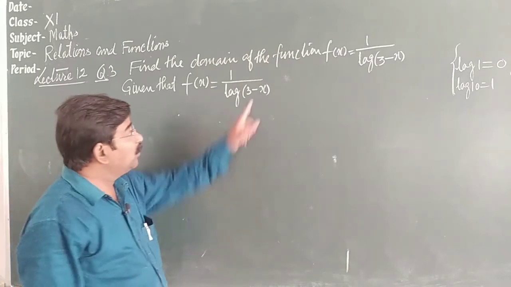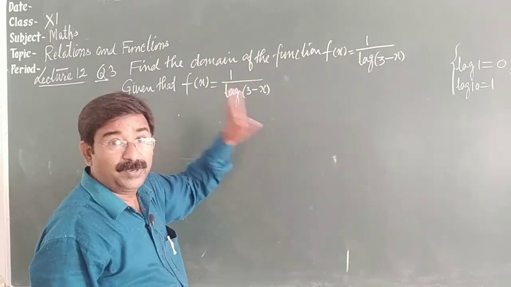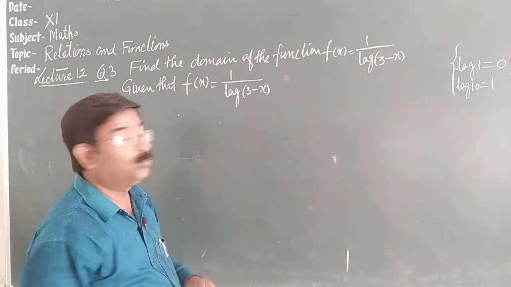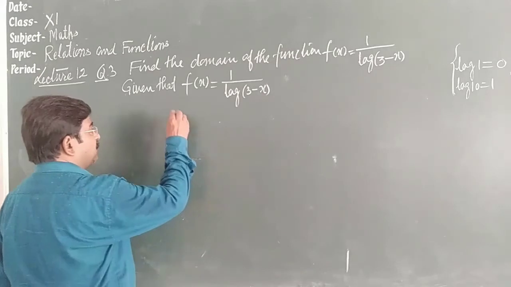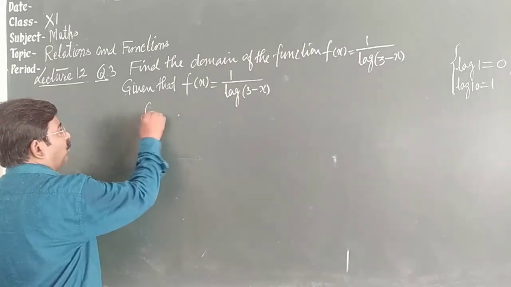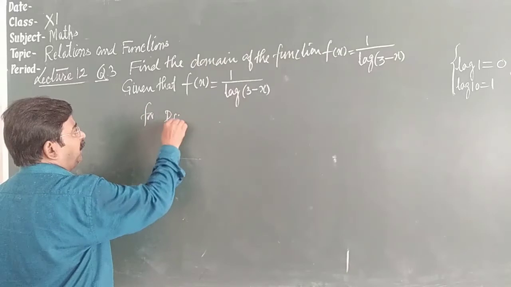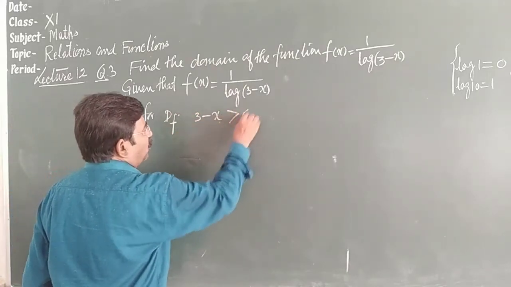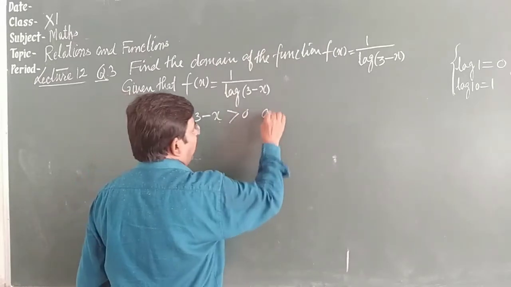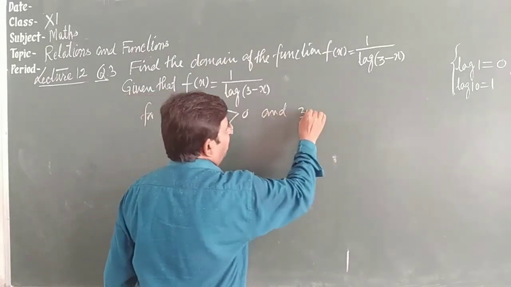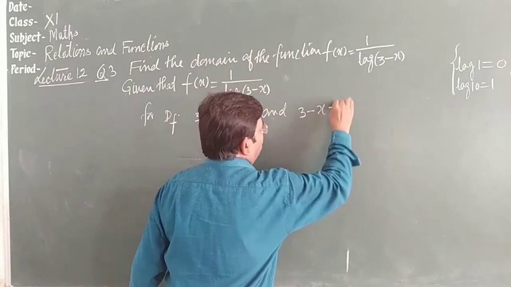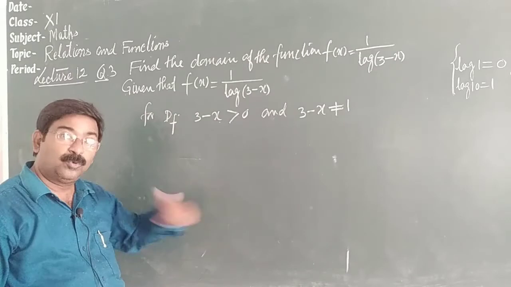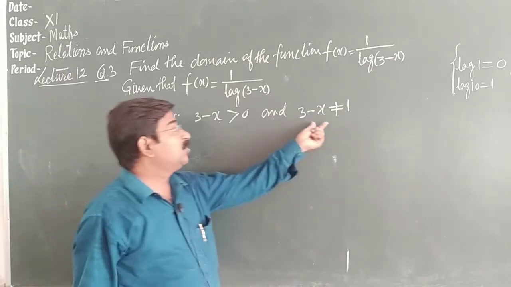The denominator should not be 0, it should be more than 0, but not equal to 1. So here we have two cases. For the domain of the function, 3 minus x is more than 0 and 3 minus x is not equal to 1.